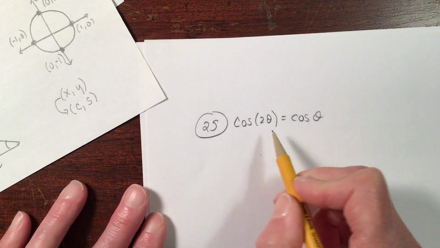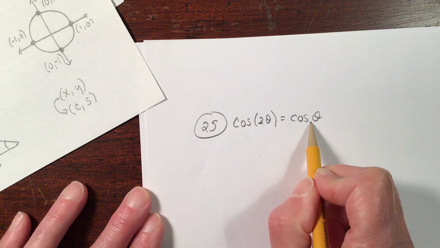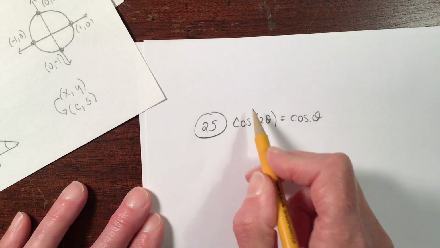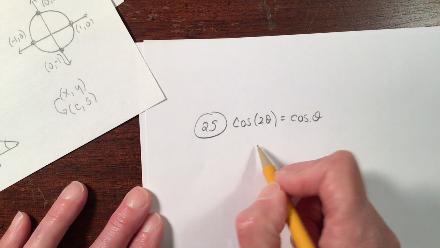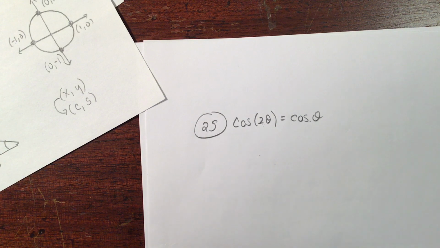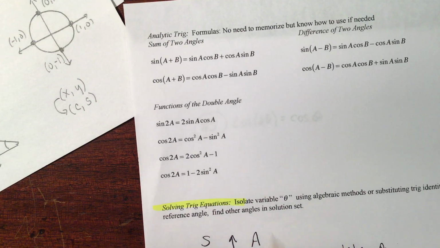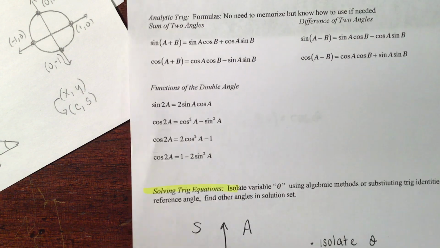The first thing we have to do is realize that here I have a double angle, and this is just a regular angle. So I should be able to recognize that in this case, for this particular problem, I have to rewrite this using a double angle formula. So I would go to my double angle formulas, and I would see that it would make sense to rewrite it with that formula.